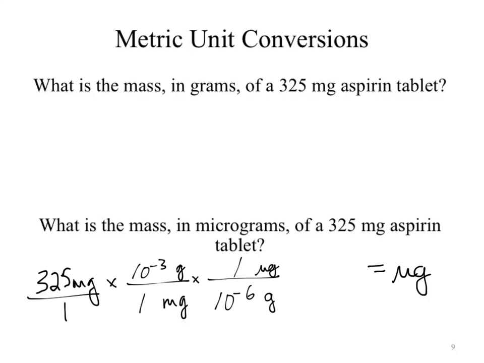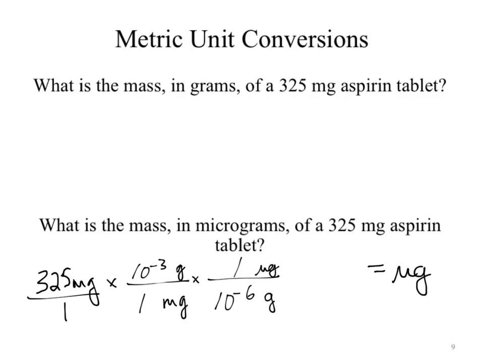Well, in a calculator, 325 times 10 to the minus 3 times 1. We multiplied everything in the numerator. We get an answer. We then go through and divide that by our entire denominator, 1 times 10 to the minus 6. Do that final division, and now you've got your final answer. All right, and you'll end up with the exact same thing. Okay?